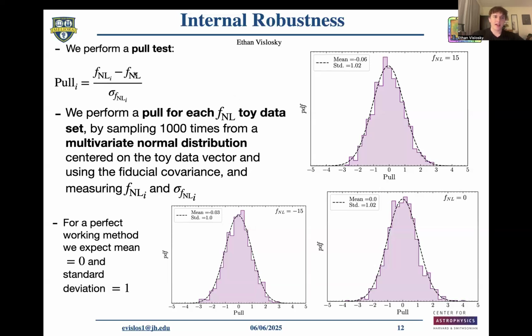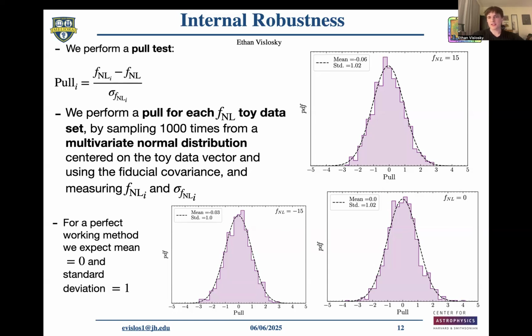And the FNL in this equation, we do FNLi, that's for the realization, minus the expected of the toy model data. So you do this for each of the three cases, FNL equals 0, -15, and 15. And for a perfectly working method, the pull test is expected to have a mean of 0 and a standard deviation of 1.